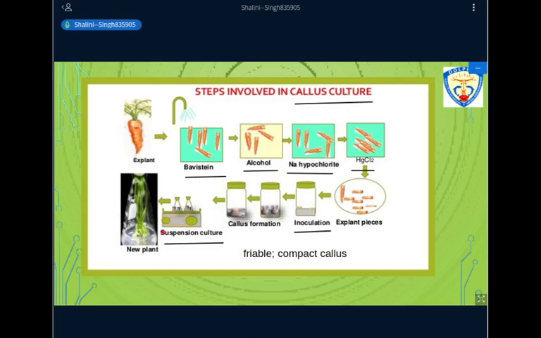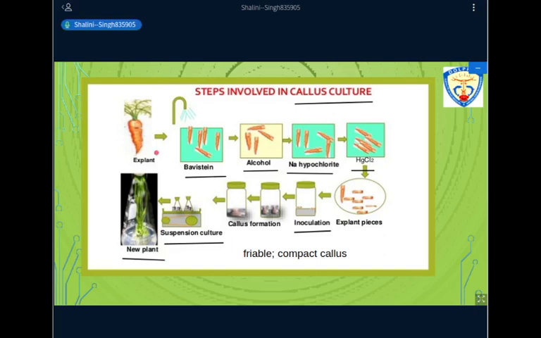When you shake it, what will happen? By the shaking mechanism, you are exerting a pressure onto the callus. The cells will be loosened up and they will be suspended in the liquid medium. This type of culture is known as cell suspension culture. And from these cells, you can make a new plant also.